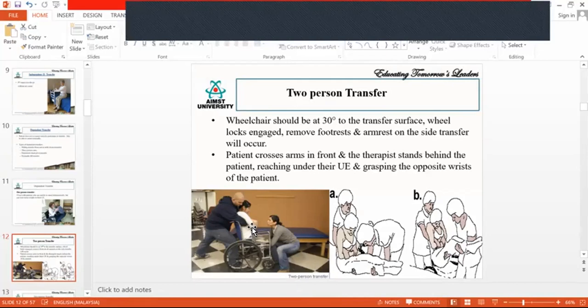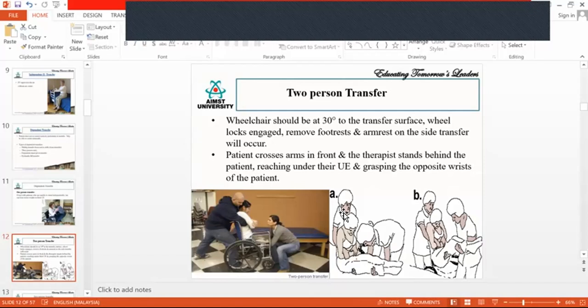Then you have to hold the person's hand in this manner. Can you see here? In the second picture it is clearly given. Make sure the patient's hand is folded, and with your hand you hold the patient's hand like this. Why?